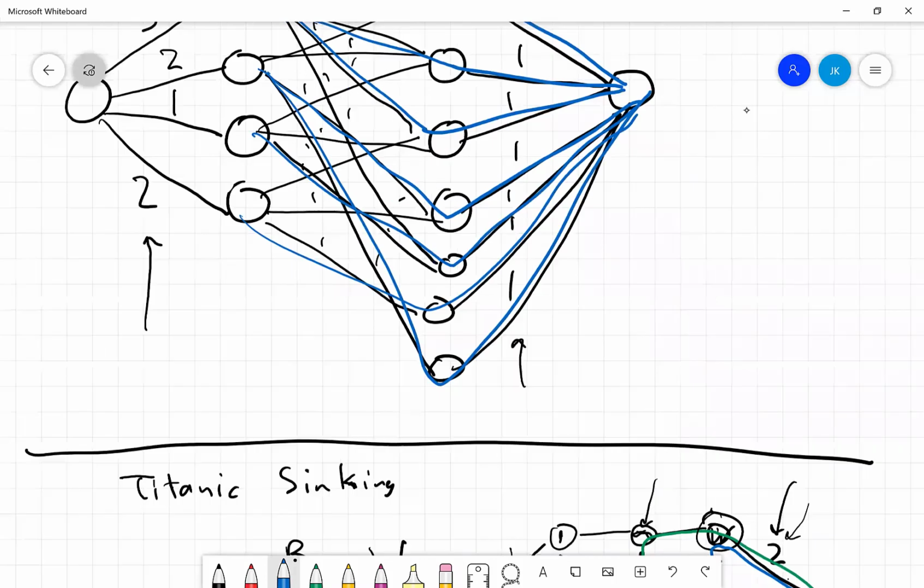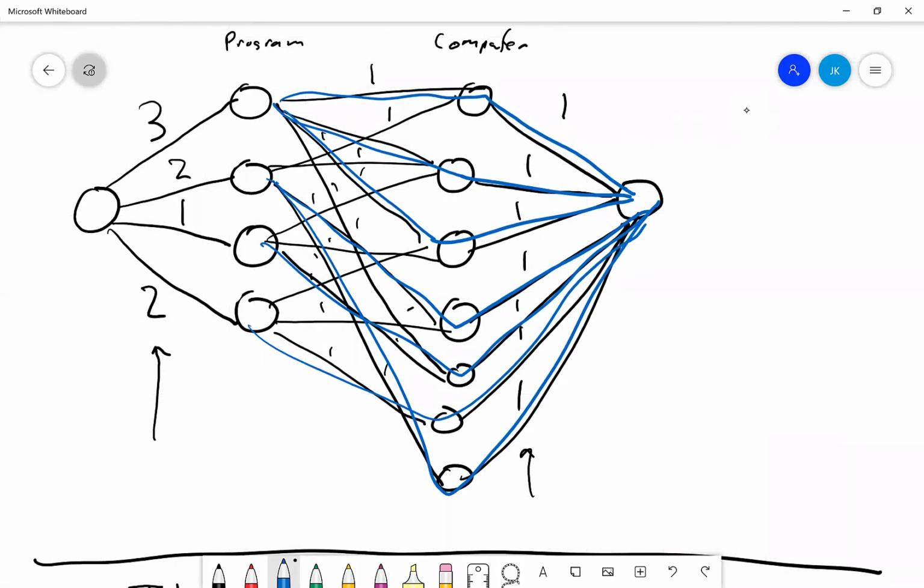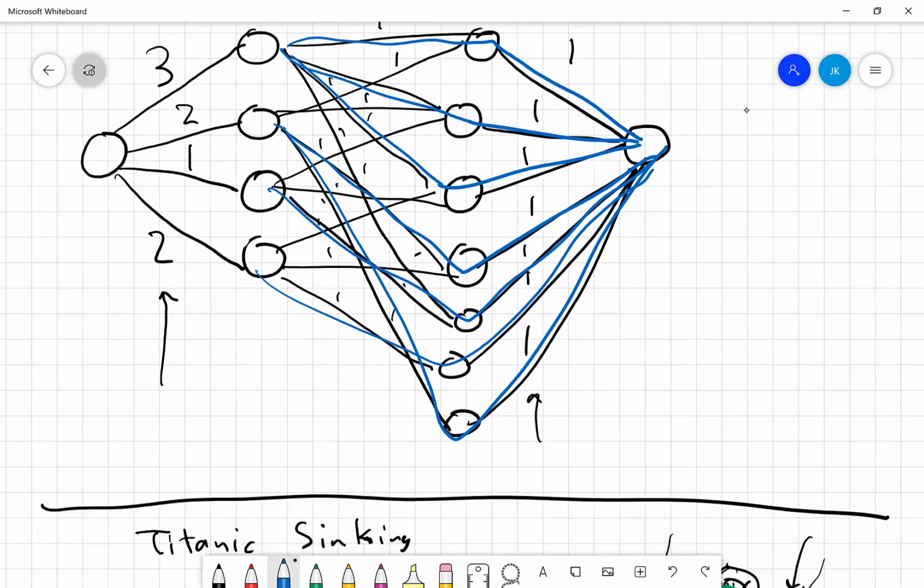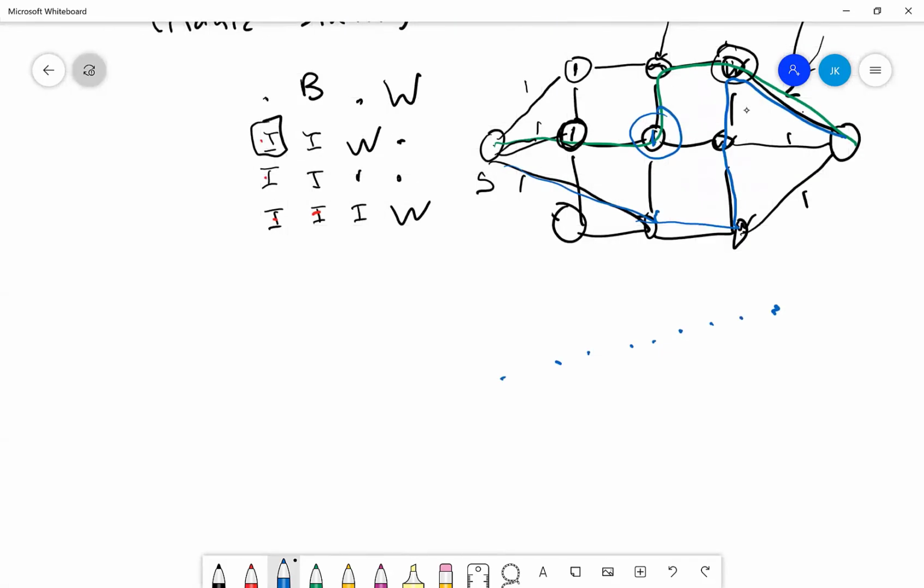In this problem up here, the flow path shows you which program is going to get matched up with which computer, or how many of each program get matched up with each computer. So in any case, if you're trying to model a problem as a flow problem, think about what it means to go from the different types of nodes that you have, and how a path from source to sink, from the start to the end, is modeling the thing that you want to happen.